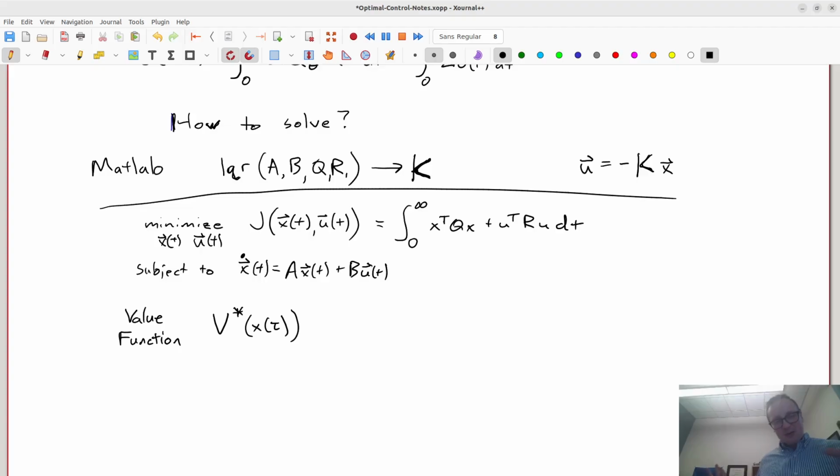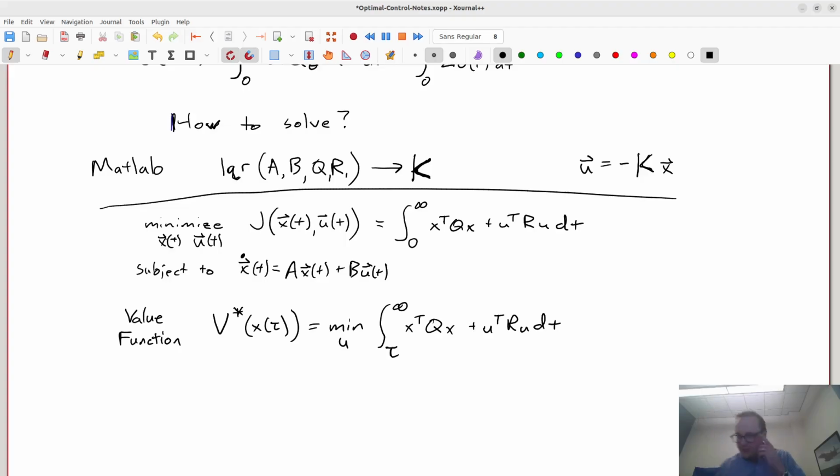We don't know what the optimal control law is yet, but we're just going to define this quantity of some x at time tau to be the minimum over u, so now we're only optimizing over u, of the integral from tau to infinity of x transpose Qx plus u transpose Ru dt. So this is going from some time tau all the way forward to the future.